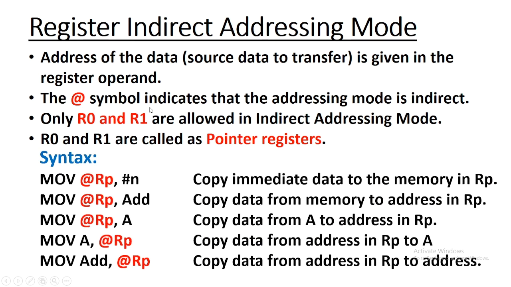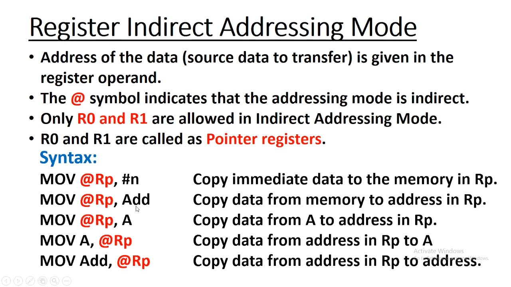If you look at the syntax, MOV @Rp, where Rp stands for pointer register, MOV @Rp, #n is the 8-bit immediate data. That 8-bit immediate data is copied into the memory location whose address is given by the pointer register.